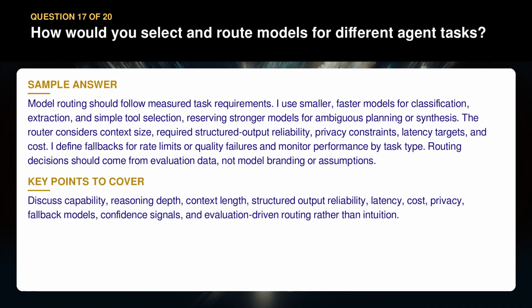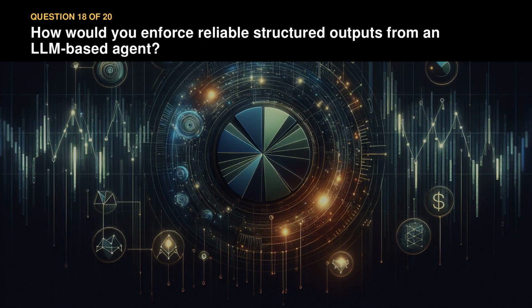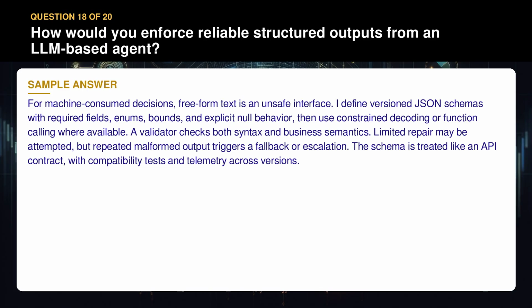Question 18. How would you enforce reliable structured outputs from an LLM-based agent? For machine-consumed decisions, free-form text is an unsafe interface. I define versioned JSON schemas with required fields, enums, bounds, and explicit null behavior, then use constrained decoding or function calling where available. A validator checks both syntax and business semantics.